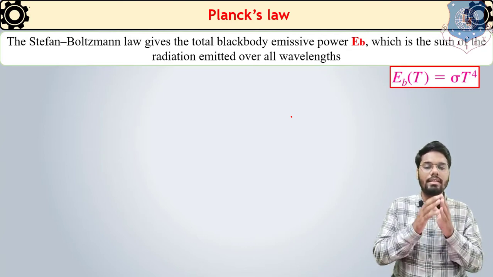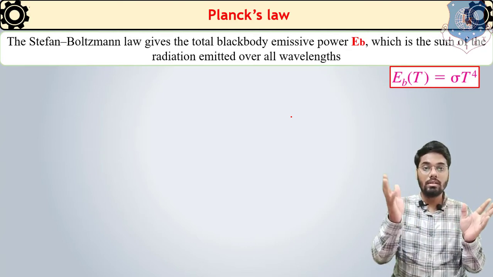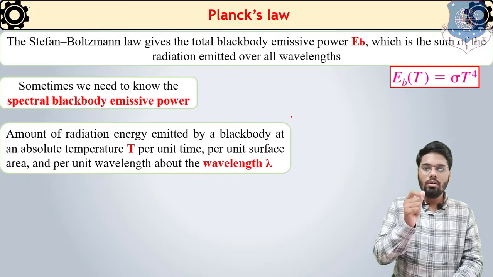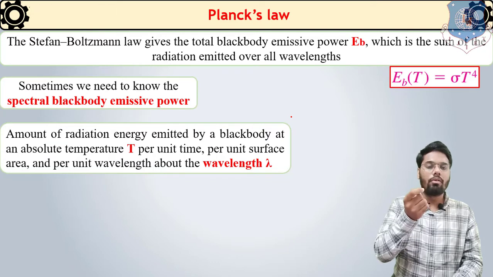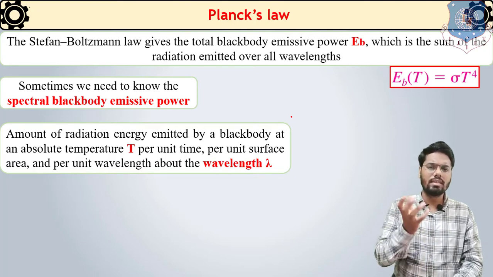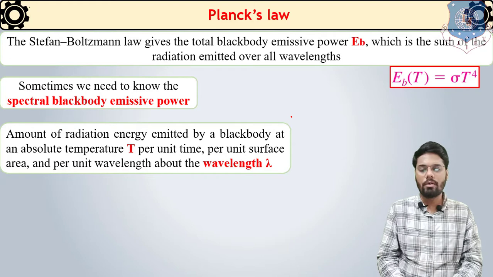We are not interested in wavelengths other than 0.4 to 0.76 micron. So the emissive power generated within 0.4 to 0.76 micron of wavelength is known as the spectral black body emissive power.